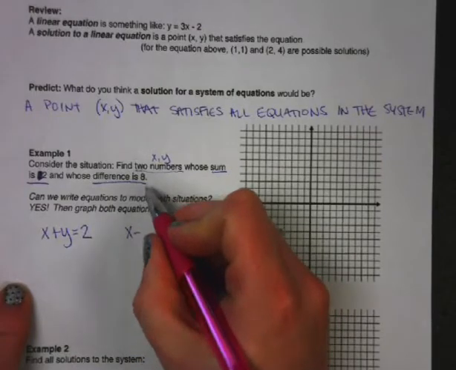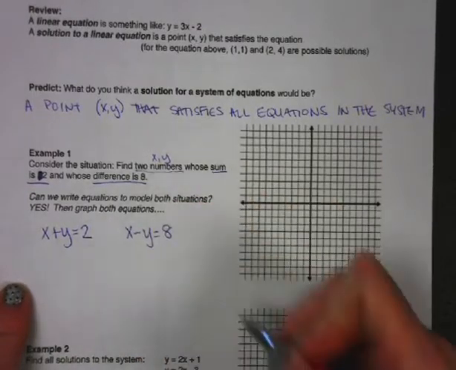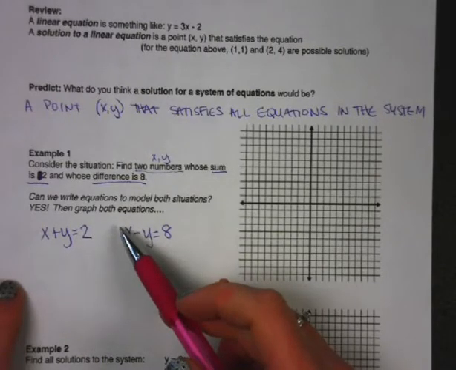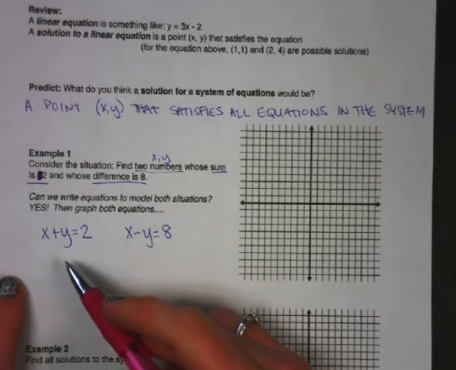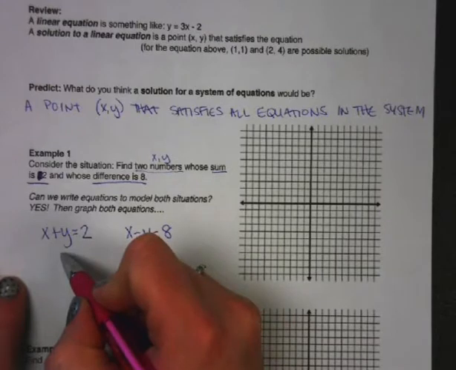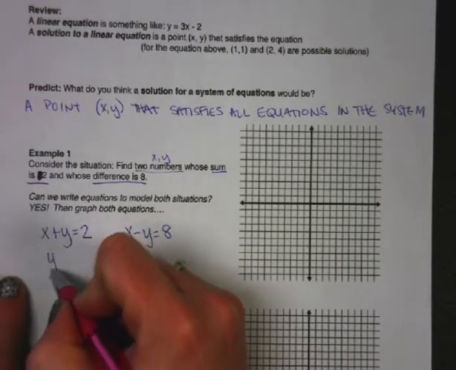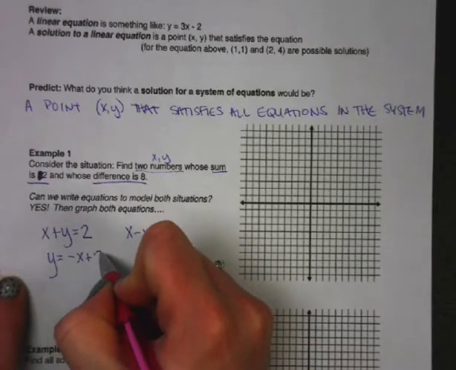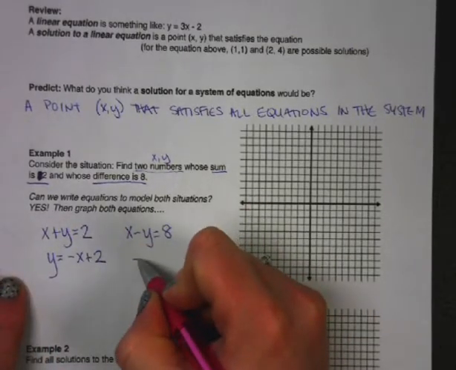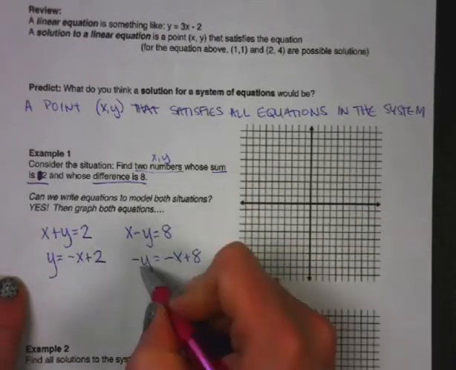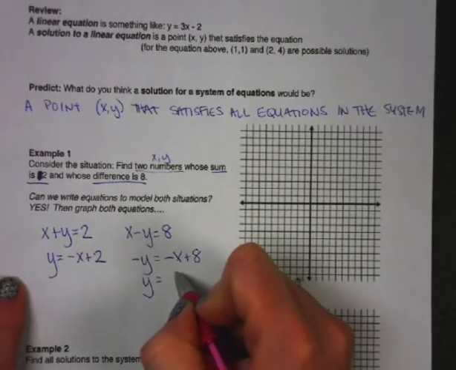Sorry, their difference is 8. Okay, and we're going to graph them. So if you remember from when we did the graphing chapter, we have to solve for y. That's the easiest way to graph. So I'm just doing a little bit of algebra. I'm going to divide by -1.